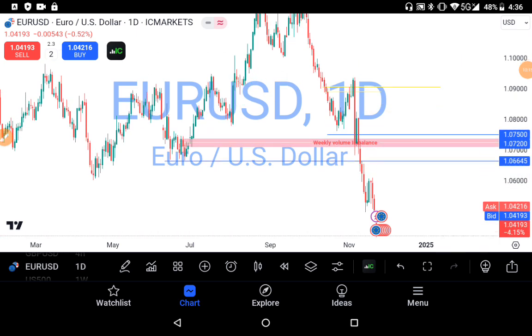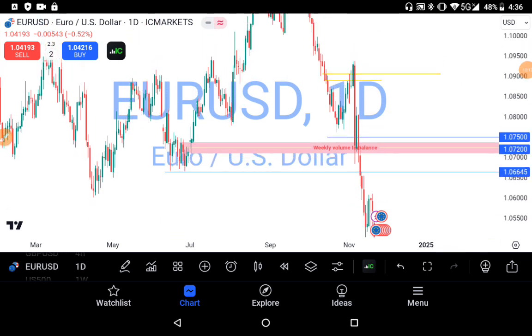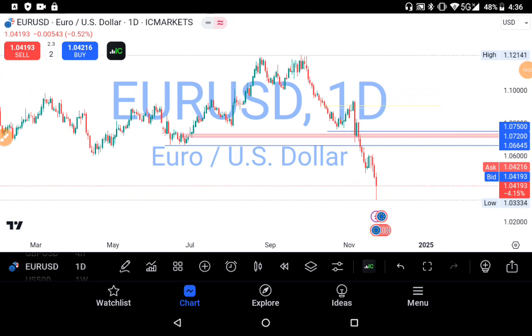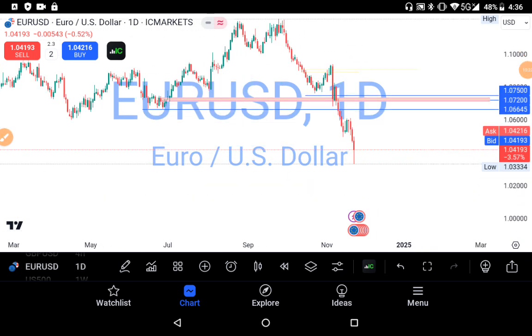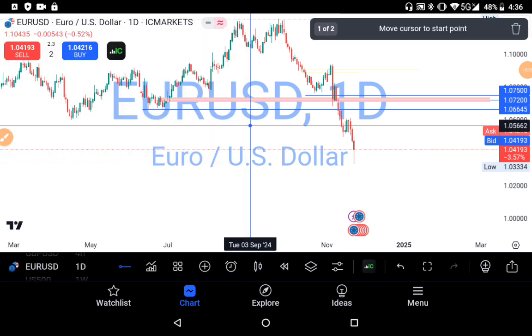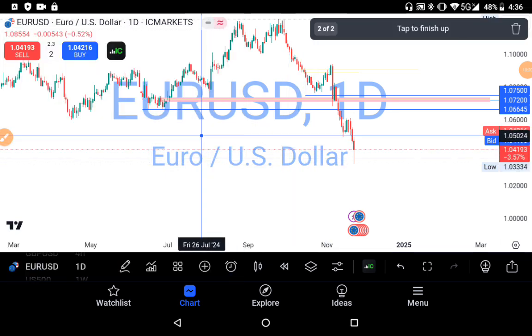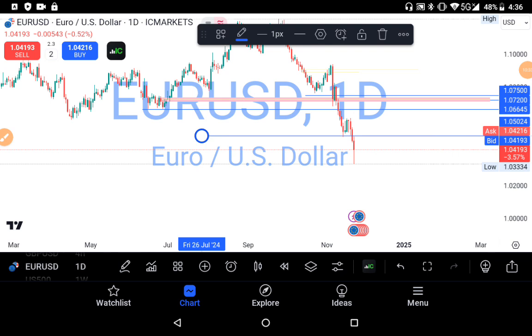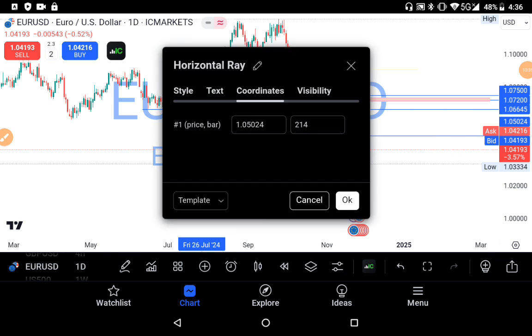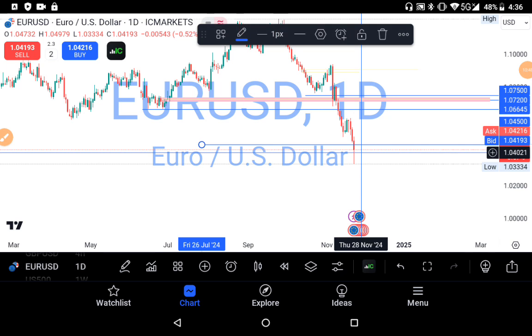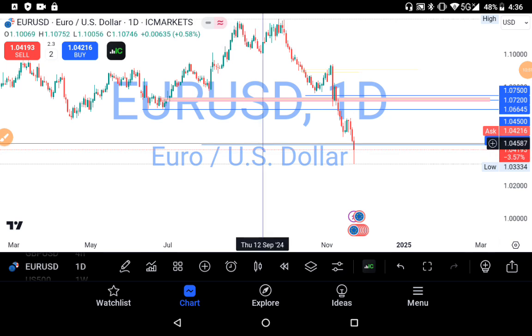So let's see. The two levels are 1.04500, which has been delivered.